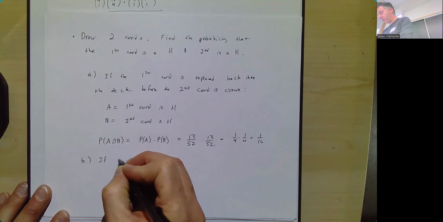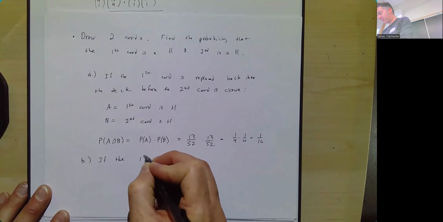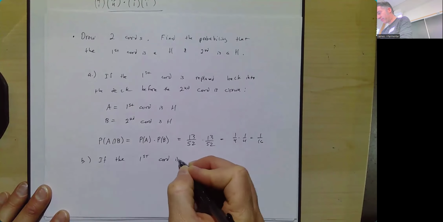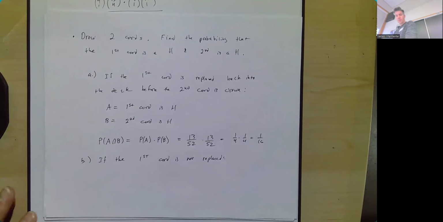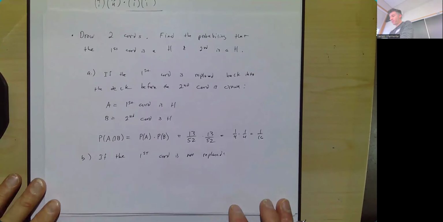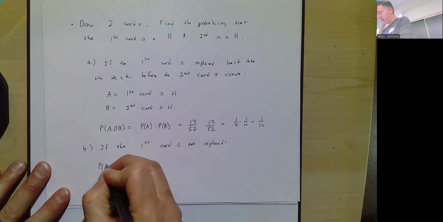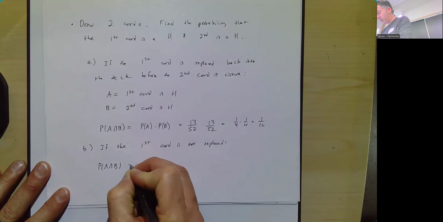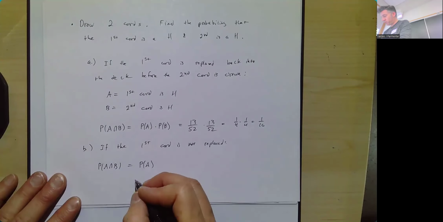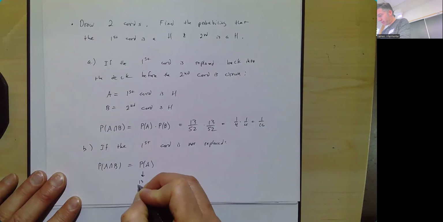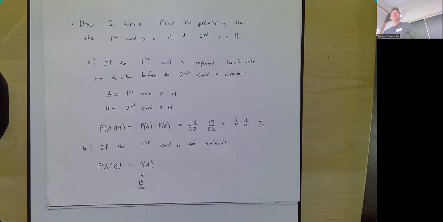What if the first card is not replaced? Well, now something different is going to happen. The probability of A and B is going to be the probability of A, which is still 13 out of 52. But now, knowing that the first card was a heart affects the probability of B happening.